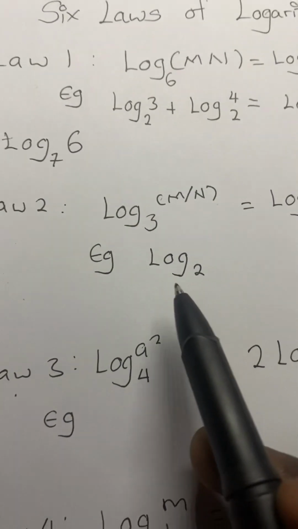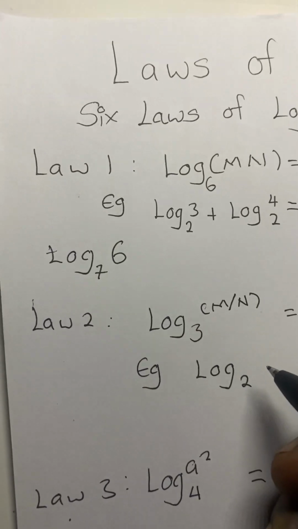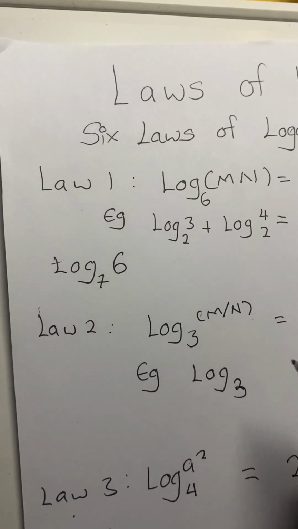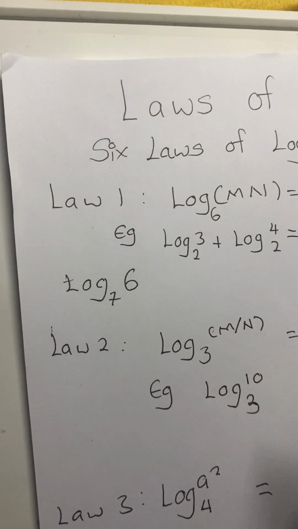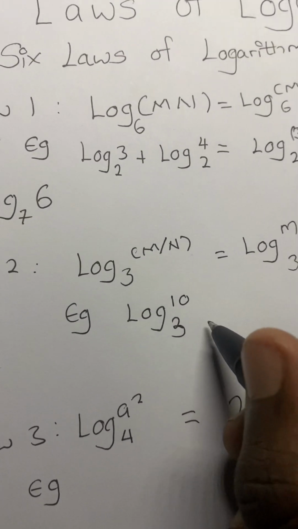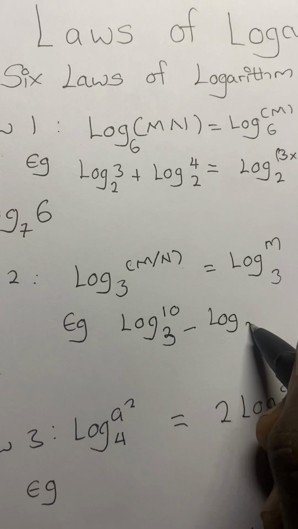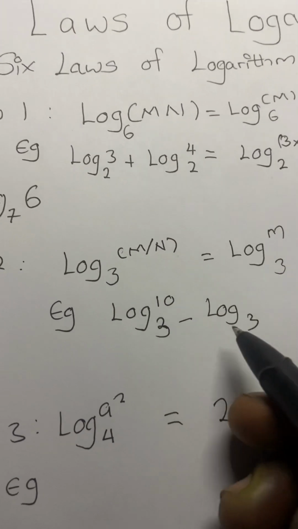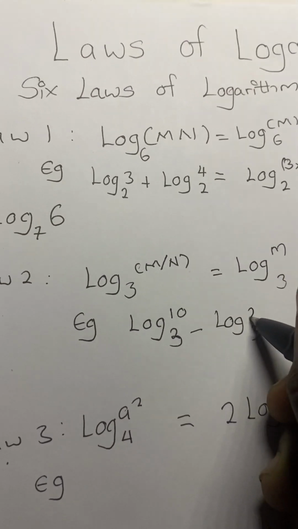So this base 2. Then let me say base 3 rather. Then the power is 10, minus, make sure it's in the same base, then assuming the power is 2.